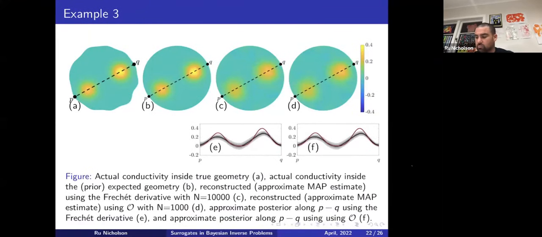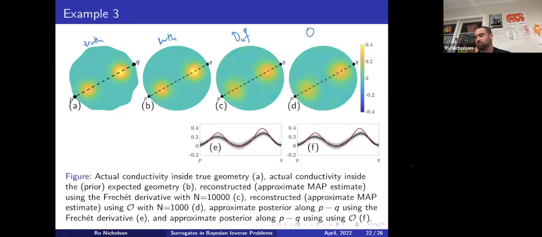And so here's the comparison of the MAP estimates. These were both computed using 10,000 samples. So this is the truth, and this is the truth projected into the circle. And then this was computed using the Frechet derivative, and this was computed using the zero model.